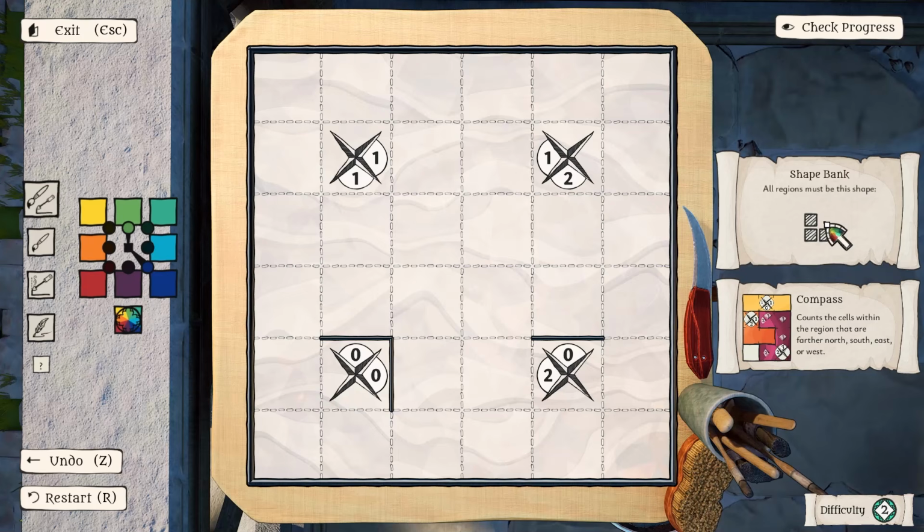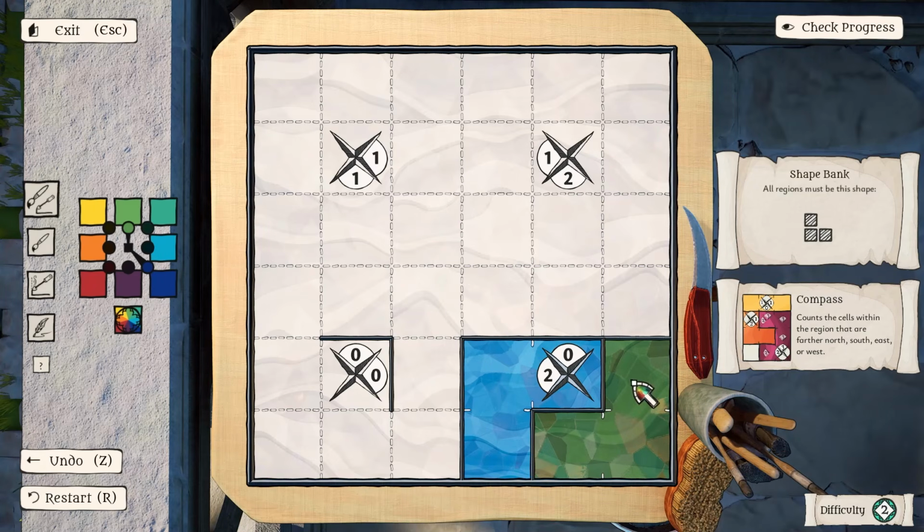Okay, shape bank. Interesting. 2 to that side. That implies it has to be that. Okay, I hope. 1 to that side, 2 below.